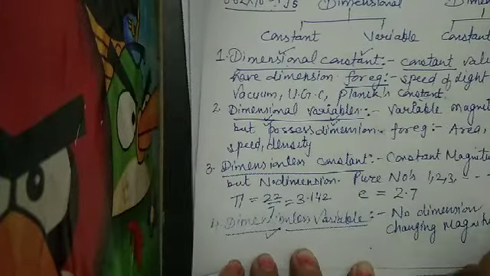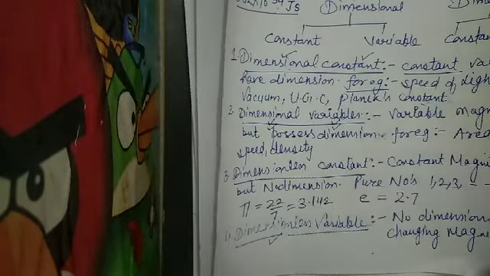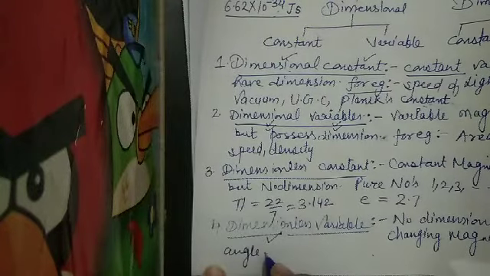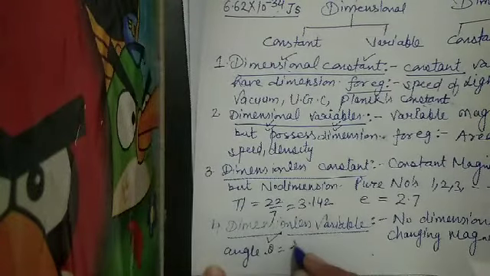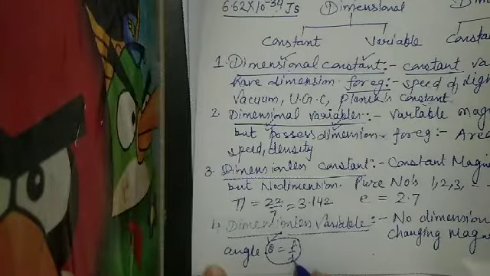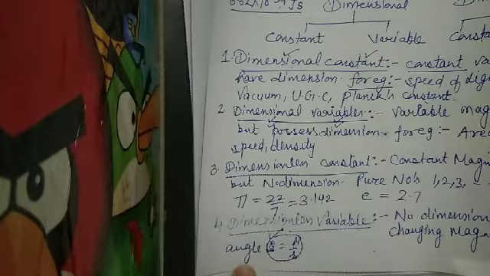For example, angle, just like theta equals L by R. Length cancels out, no unit, no dimension, but unit is there for angle, that is radian.